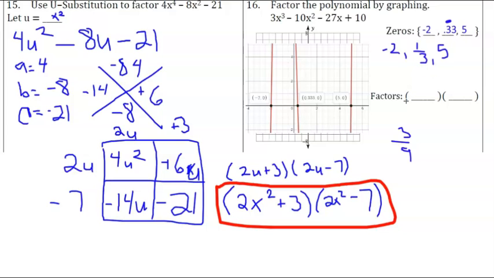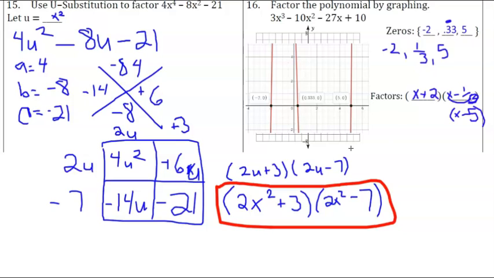So from there, we can write out our factors. Wherever we go from zeros to factors, we change the sign. So it'll be x plus 2, x minus 1/3, and x minus 5. We will slide the denominator to the front.